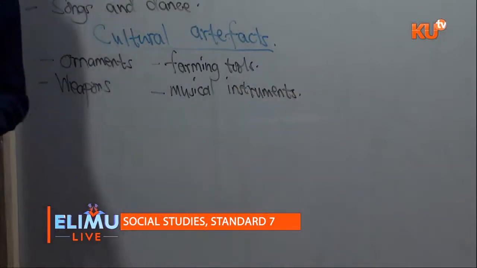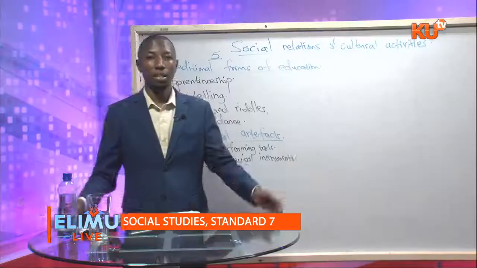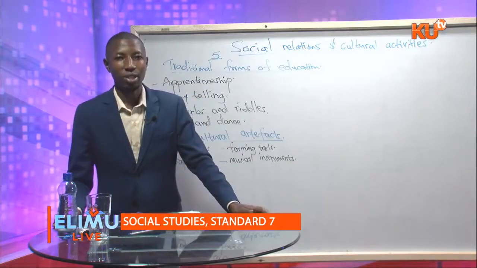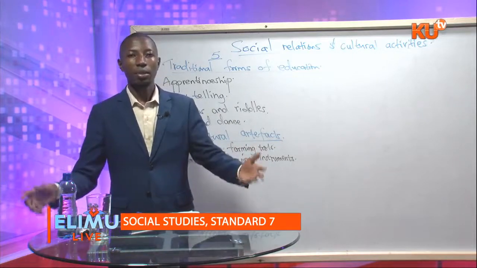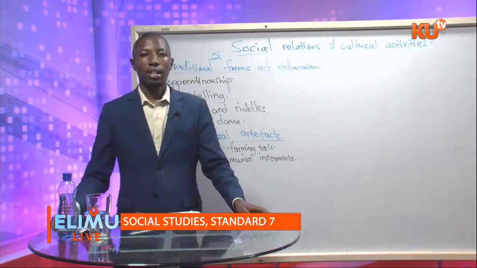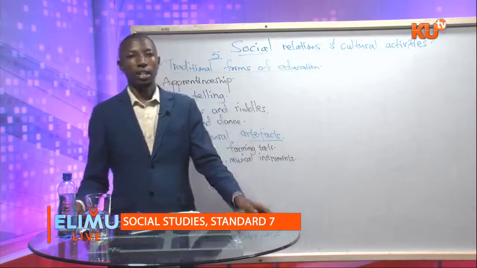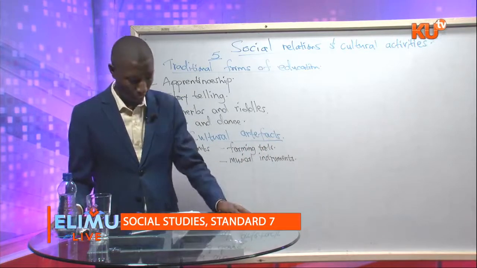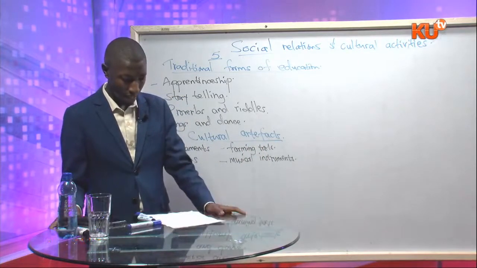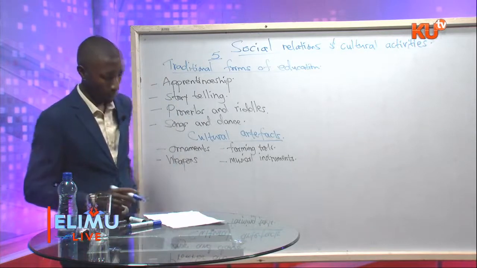The musical instruments are not the ones that maybe you're imagining you see today, like the piano, the guitar. No, they were the cultural musical instruments like the drums. We had the obokano, we had the nyatiti, we had the marimba, and many other musical instruments from the past. And even nowadays they are there, but not as much as they existed before.